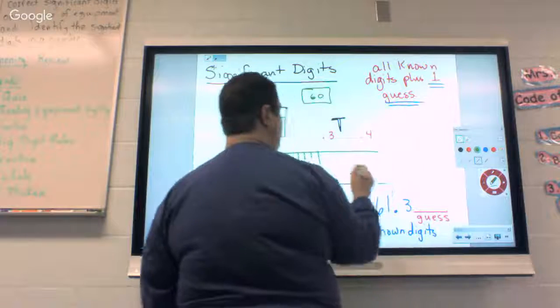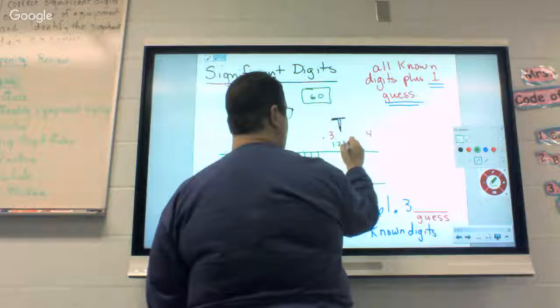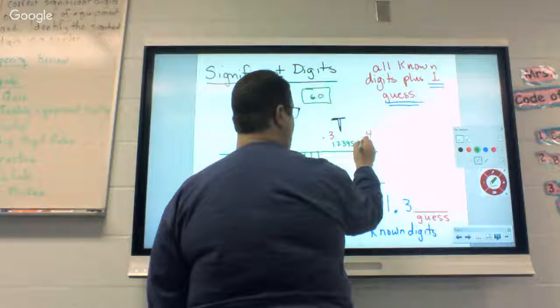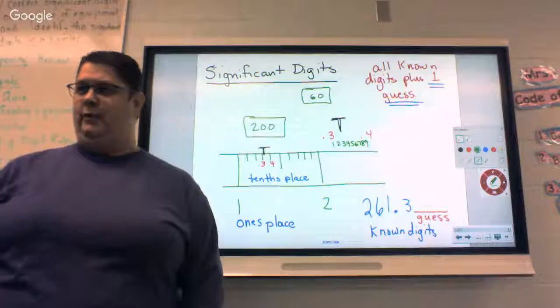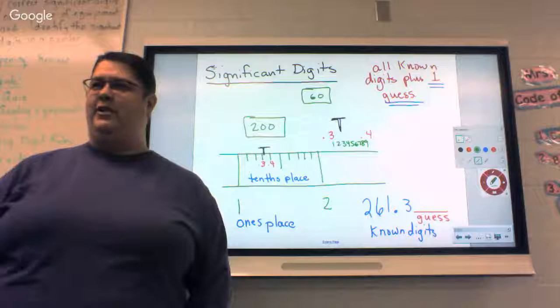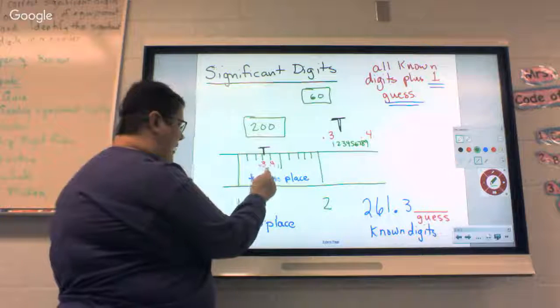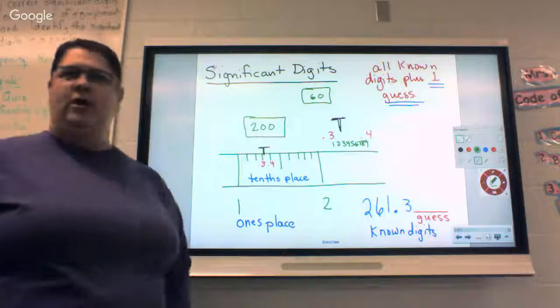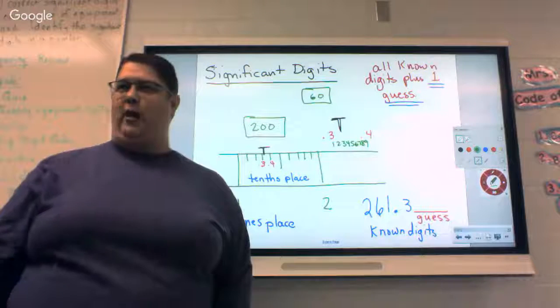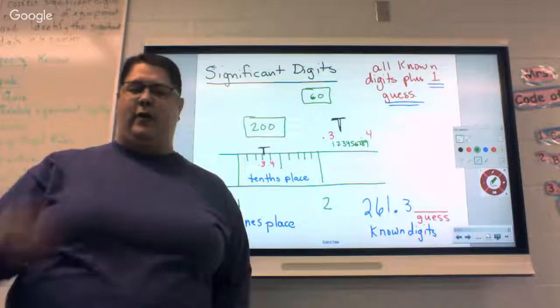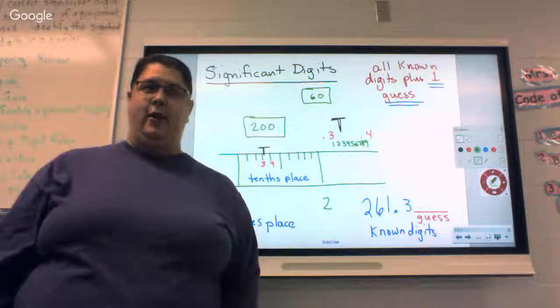I want you to envision the numbers 1, 2, 3, 4, 5, 6, 7, 8, 9 in your mind, because I can't write 1 through 9 between these little hash marks on the scale. It's not going to be on the scale, the graduated cylinder, or the thermometer. You've got to envision them in your mind.